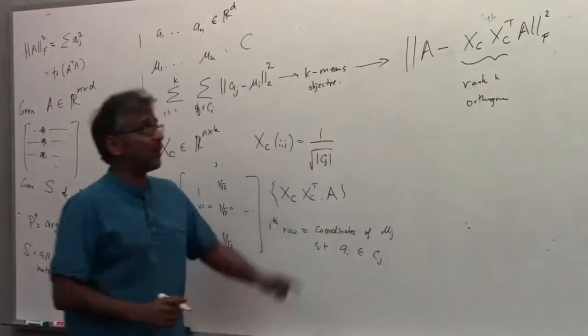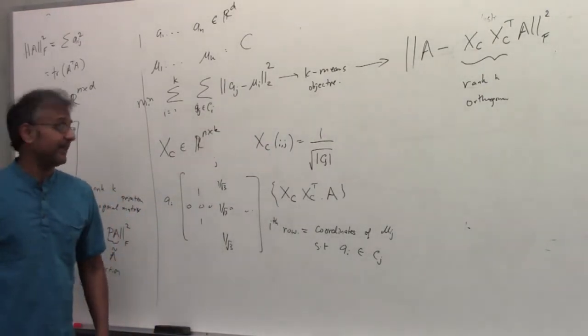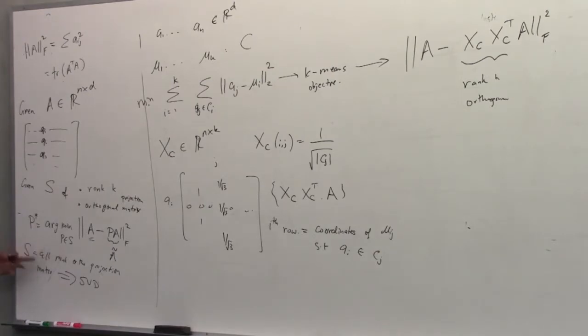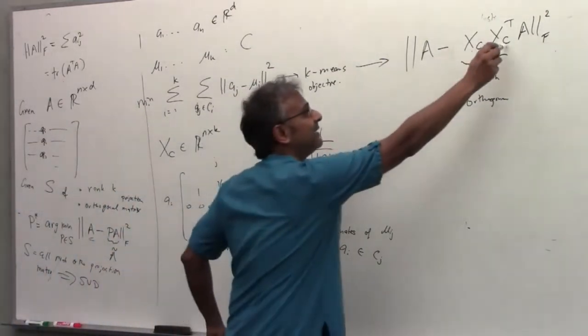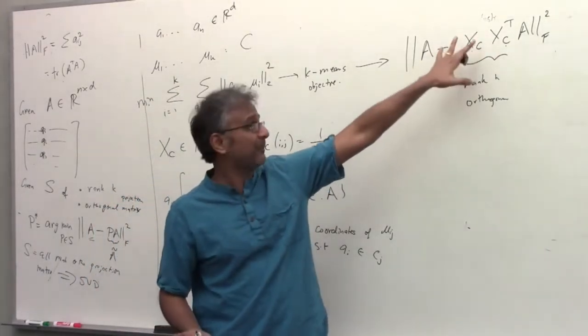So minimizing this over all such matrices, the XC transpose matrices, is in fact doing exactly this. And now you see why I said I have some arbitrary set. It's not the whole thing. It's a specific set of matrices formed in this manner. Not every rank k orthogonal matrix will look like that, but these will all be of that form.